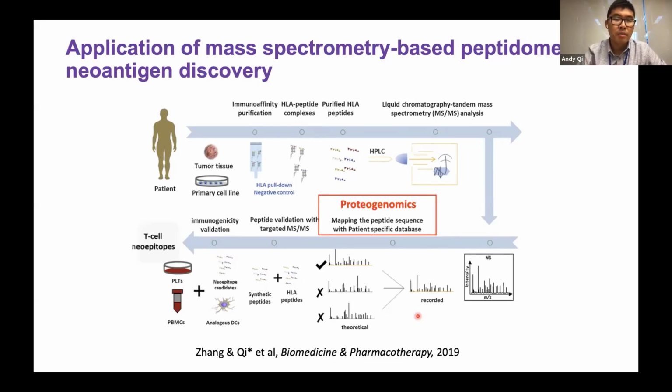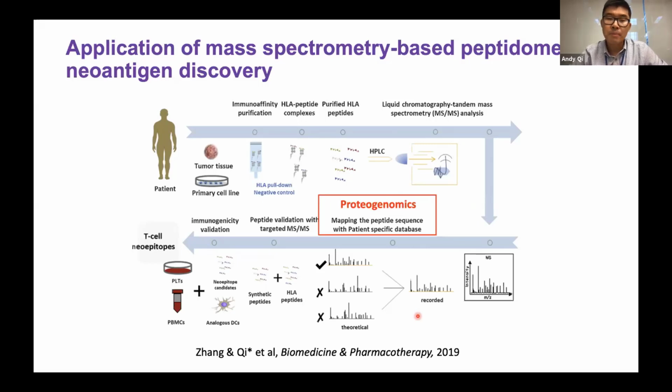Then we search the MS raw files against that customized, sample-specific or patient-specific library. The following is basically a traditional proteomics workflow. But by nature, increasing the database will increase the false positive rate, as Paul also mentioned.